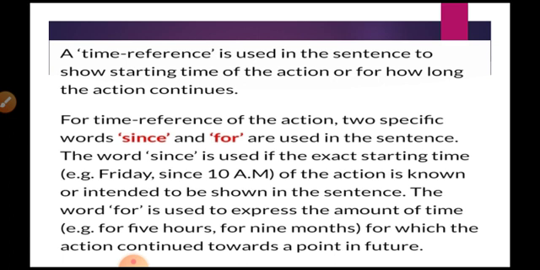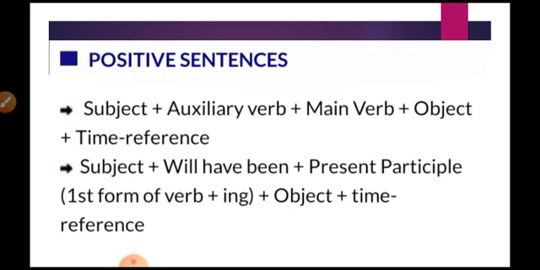The word for is used to express the amount of time, for example, for 5 hours or for 9 months, for which the action continues towards a point in future.